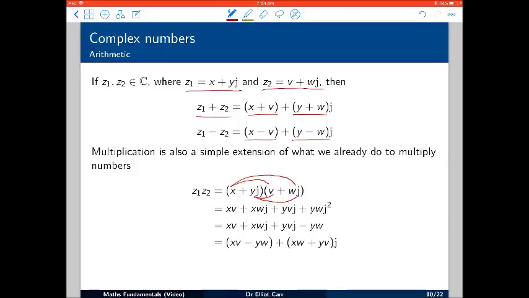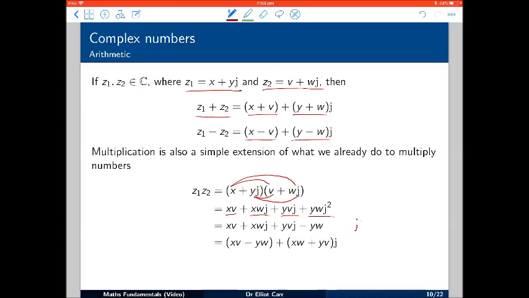The first term is x times v, the second term is x times wj, which is xwj, the third term is yj times v, which is yvj, and the fourth term is yj times wj, which is ywj squared.